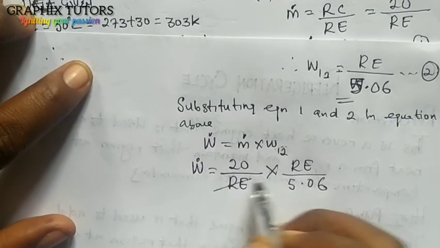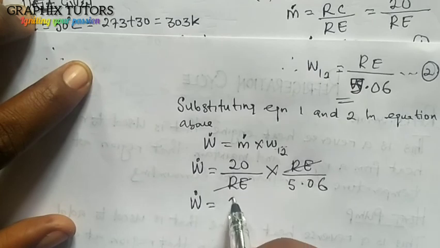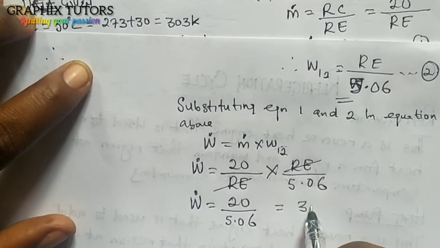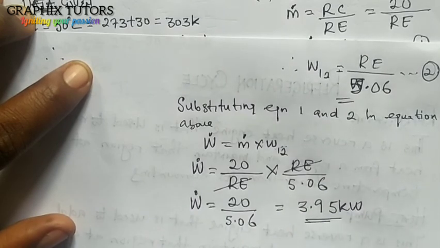Now the refrigerating effect will cancel out. So my work rate will now be equal to 20 divided by 5.06, and 20 divided by 5.06 will give me 3.95 kilowatts. So that is my answer.